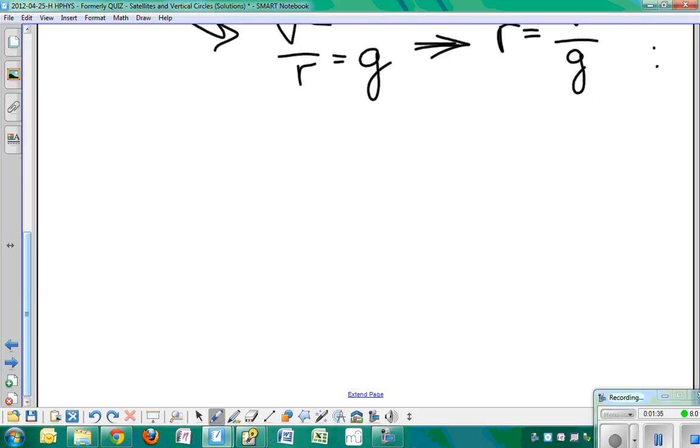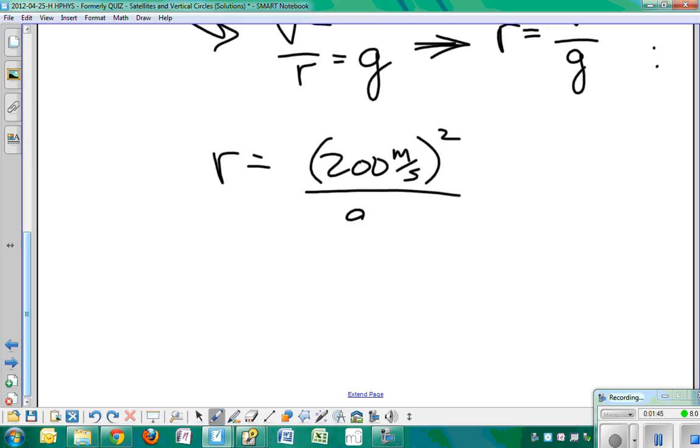That's pretty easy. And so the radius of the loop is going to be equal to 200 meters per second squared, divided by 9.8 meters per second squared, which comes out to be 4081.6 meters.